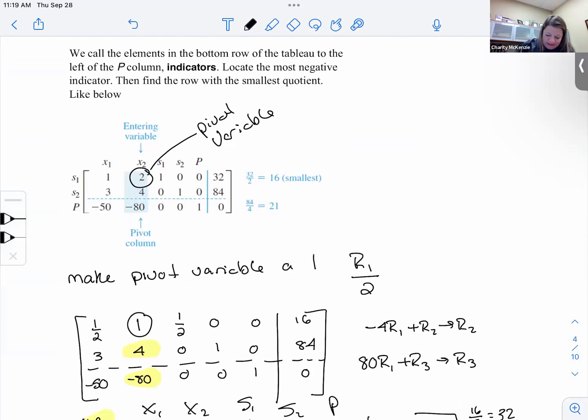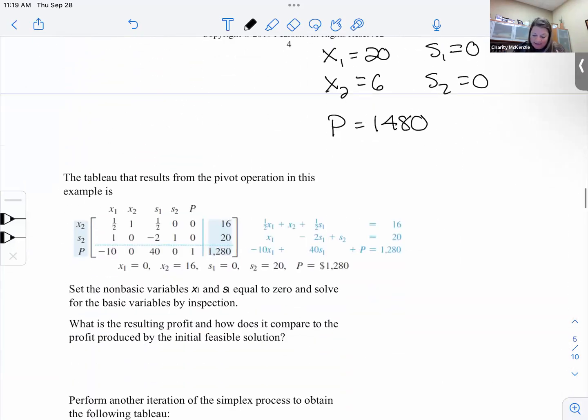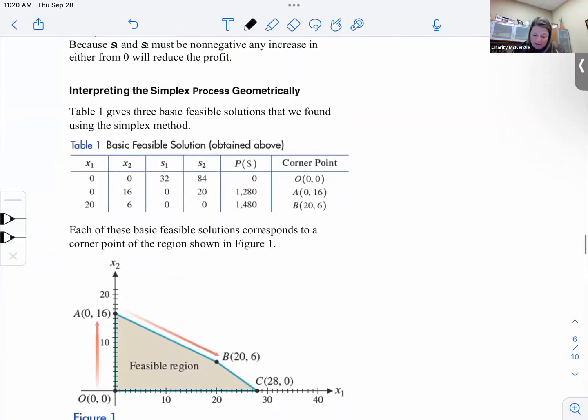The word exit should really be right here for S1, just in case it asks you in your homework what's exiting and entering. So basically, we're taking those hours and using them, and then we have meaning to our profit, and the slack goes away. Okay. Again, that's just me writing it out.